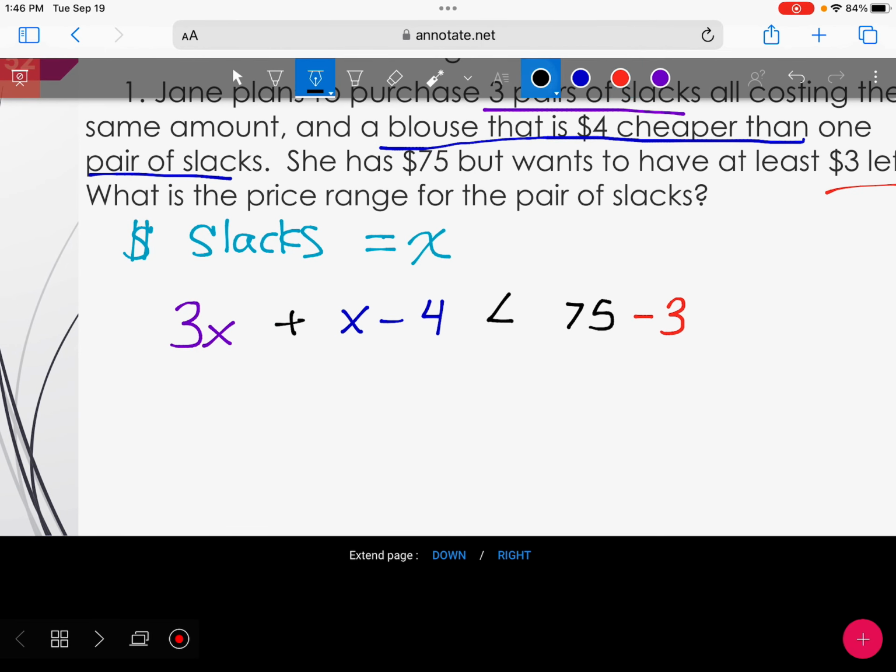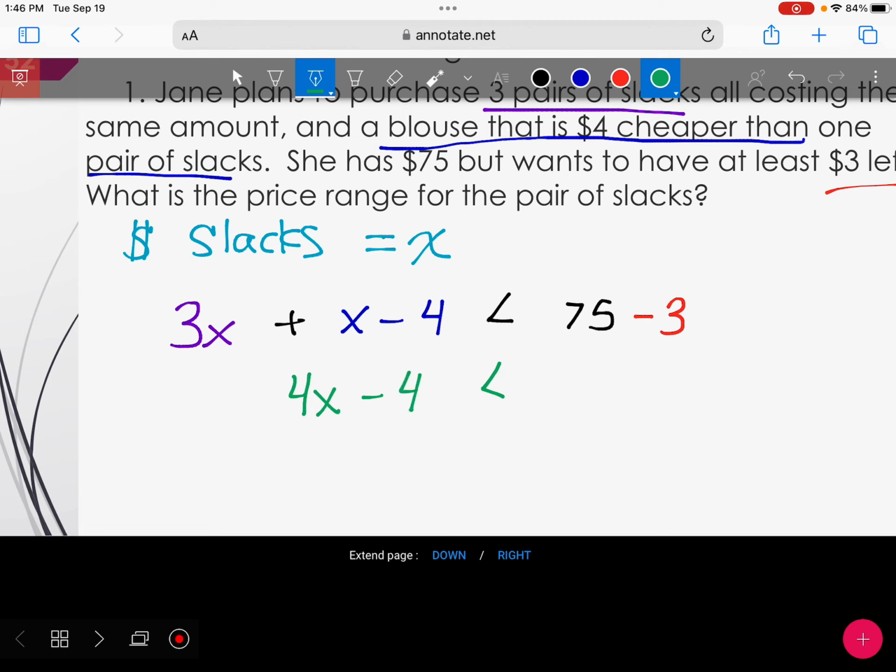Now what we're going to need to do is solve it. What can I do to solve this? Combine some like terms. I've got a 3x and an x. It's going to give me 4x minus 4.